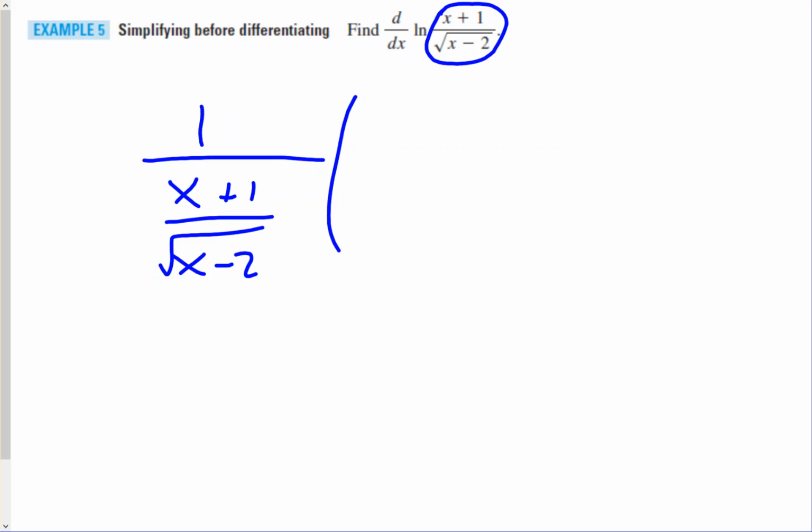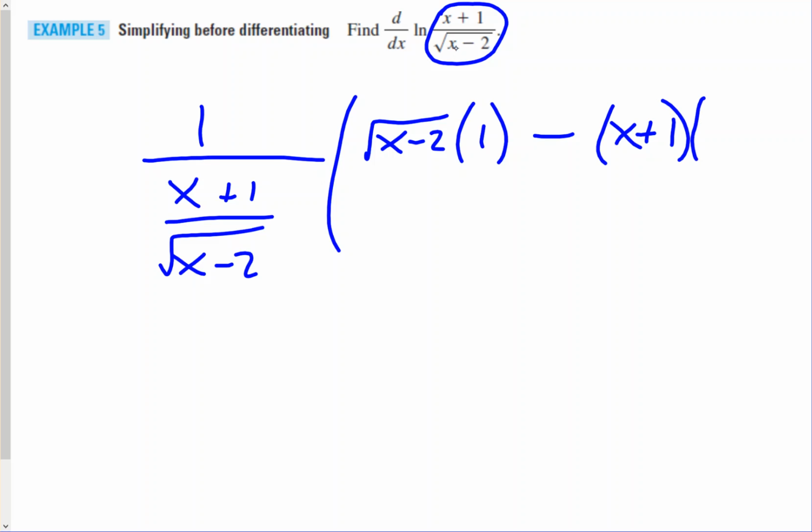So the derivative of this would be quotient rule. So we would have square root of x minus 2 times the derivative of the top, which is just 1, minus top times the derivative of the bottom.